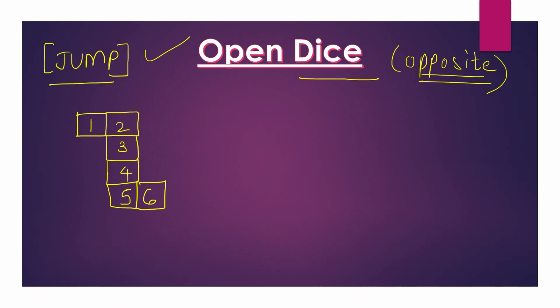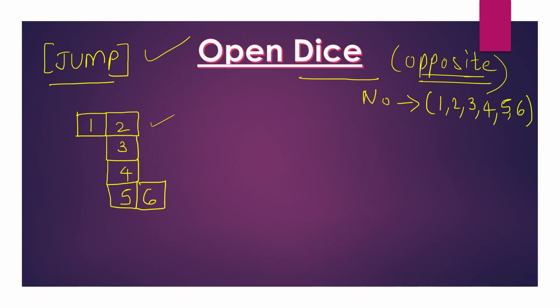In a dice we have numbers 1, 2, 3, 4, 5, and 6. When a dice is opened, they have figured it like this. So they will ask the opposite here. What is the opposite of 2? What is the opposite of 4? Like that they can ask.